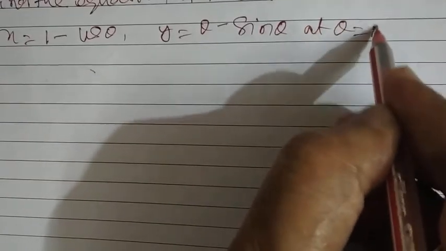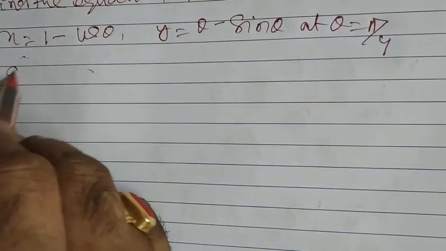Find the equation of the tangent to the curve x equal to 1 minus cos theta, y equal to theta minus sin theta at theta equal to pi by 4. Now what is dx by d theta?